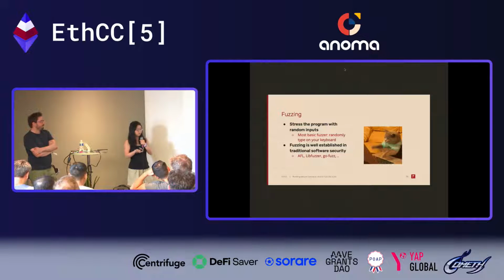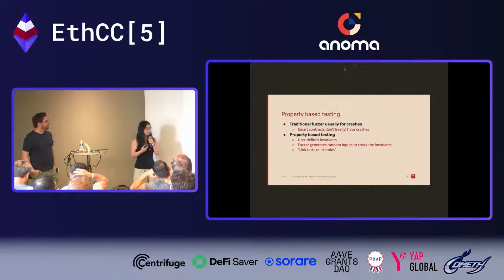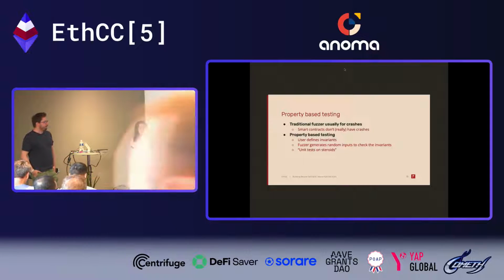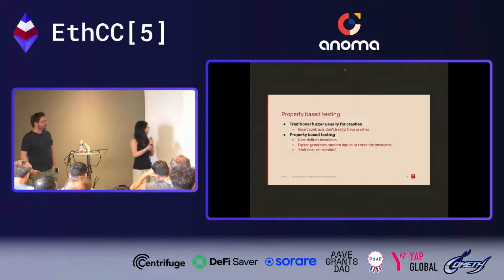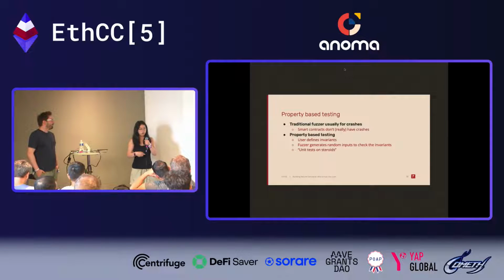Fuzzing is pretty well established within traditional security software, and a lot of the time these fuzzers, when used in those contexts, are checking whether a code base would crash. Are crashes possible within the context that you're running it in?